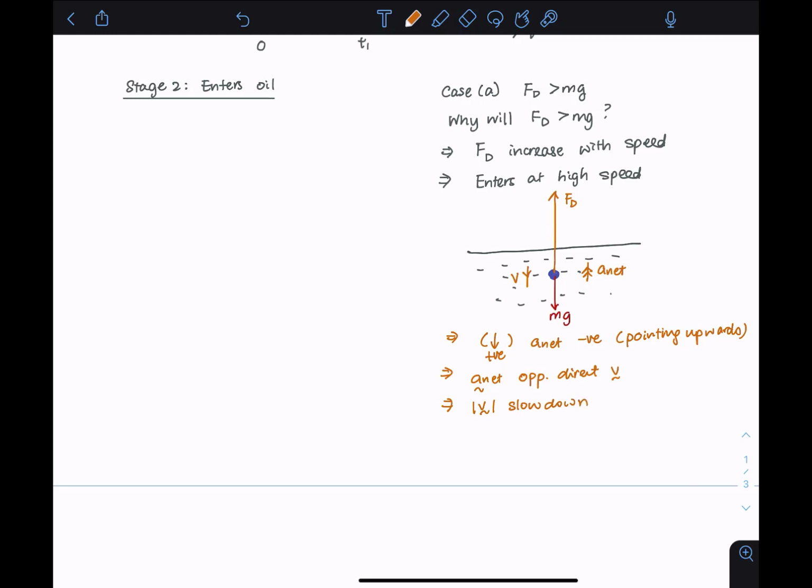As the speed decreases, my drag force will decrease, and it will keep decreasing all the way until the magnitude of my drag force equals the magnitude of the weight. When that happens, your net force is going to be 0, and it will reach terminal velocity because the acceleration is equal to 0.